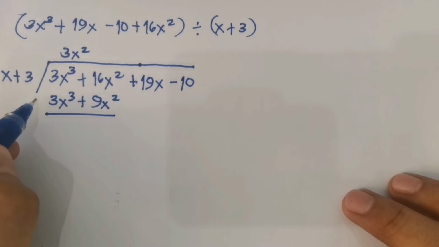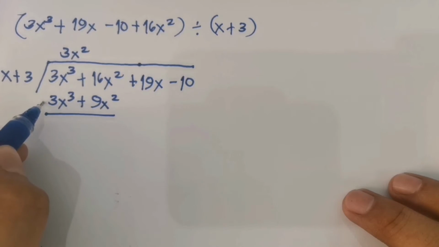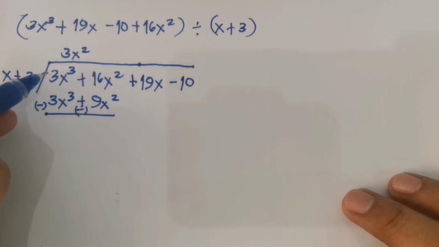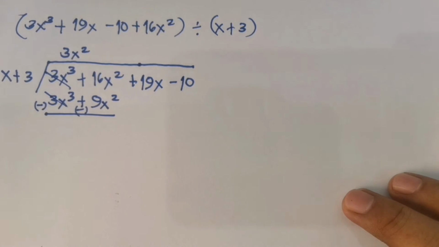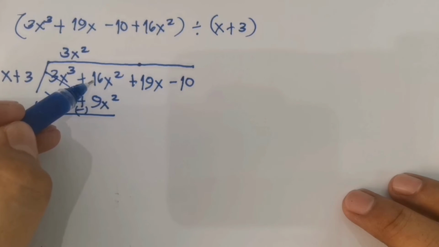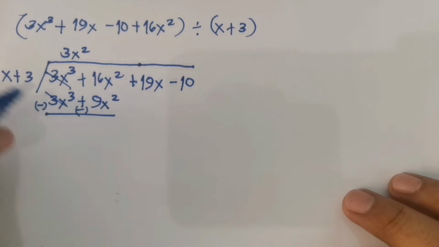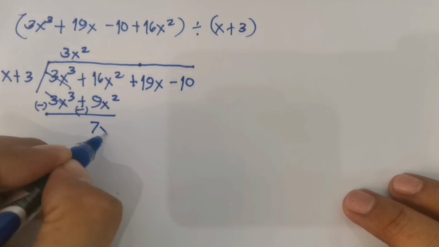Then we subtract. Change the sign, negative. This becomes negative. Then cancel out, that is 0. And 16 plus negative 9 is 7x squared.